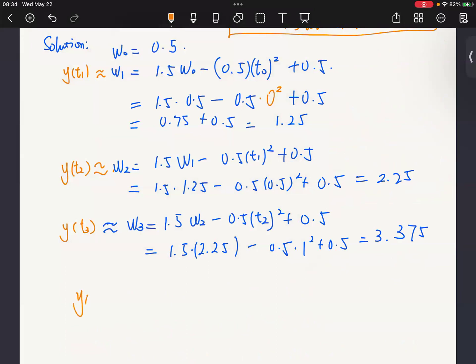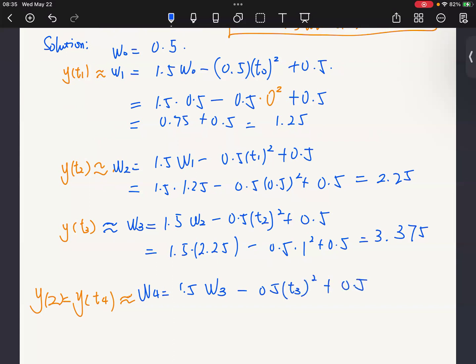Then we get to the approximation at T4, which is the end of the time, that is 2, and it's approximated by W4. W4 is 1.5 W3 minus 0.5 T3 squared plus 0.5 here.